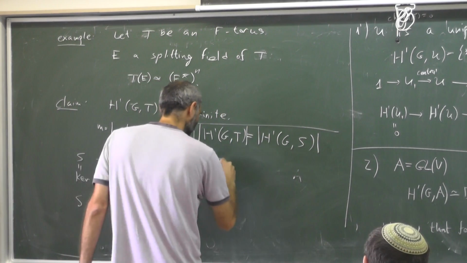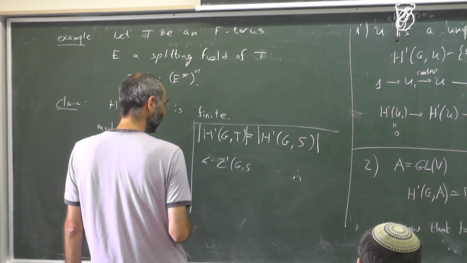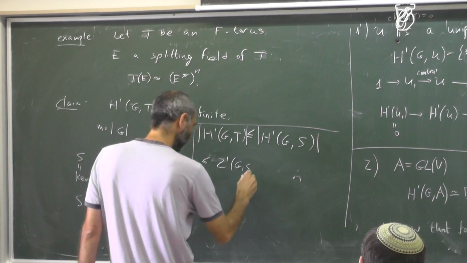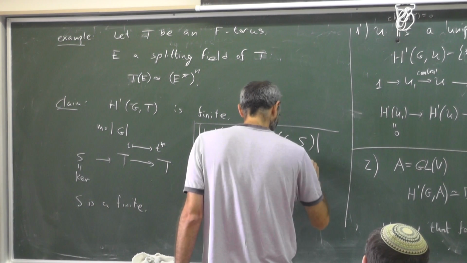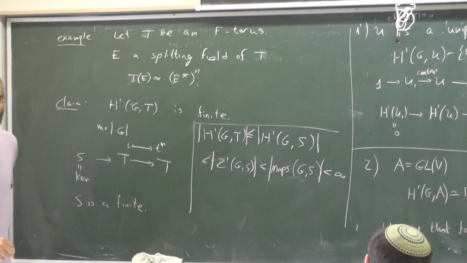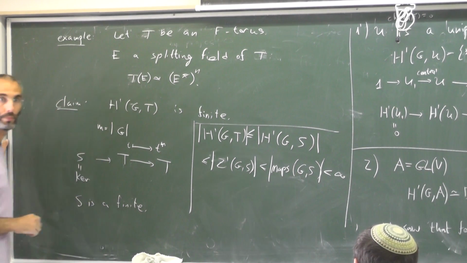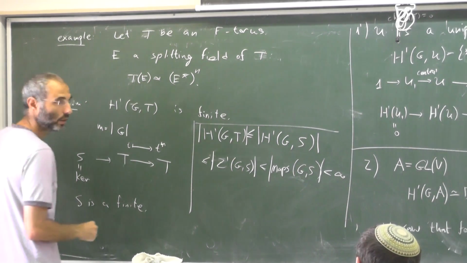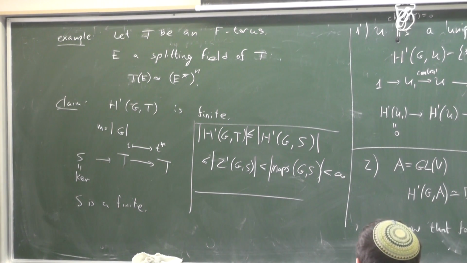You just have a surjective map from H1 to S. This means that in H1 this is surjective. But I'm confused, the argument we had before was in the non-abelian convention. No, but now everything is abelian. T is abelian.